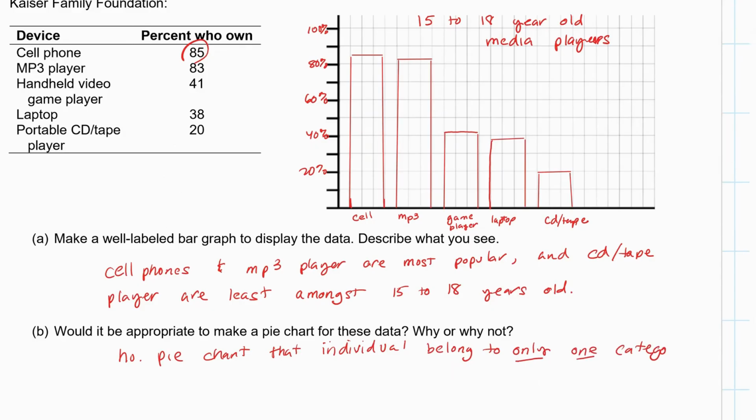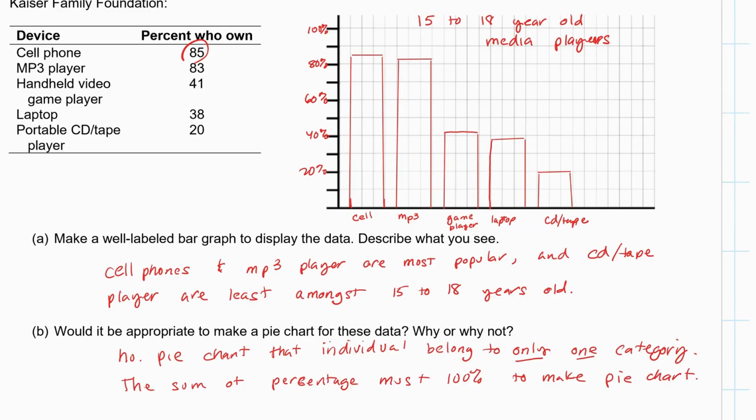And in this case, some teenager may own both a cell phone and an MP3 player. The sum of the percentages must be 100% to make a pie chart. And clearly 85% and 83%, that's way above 100%.